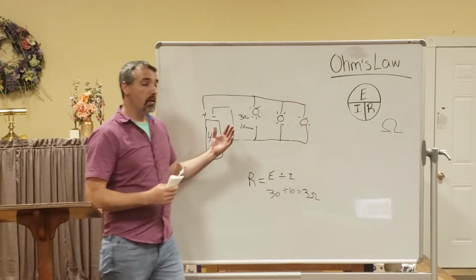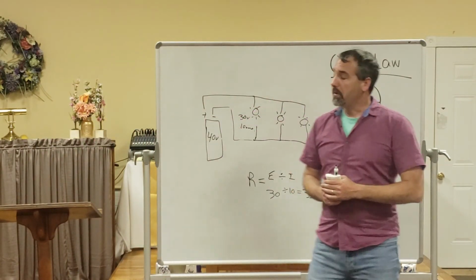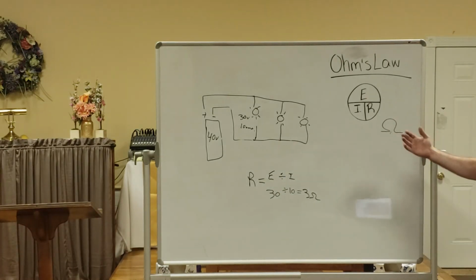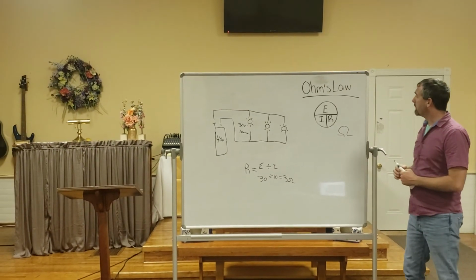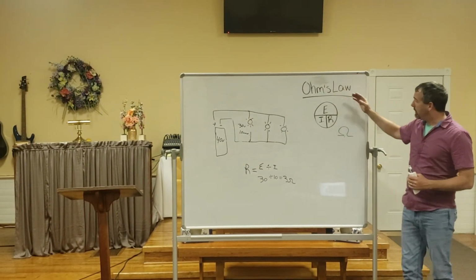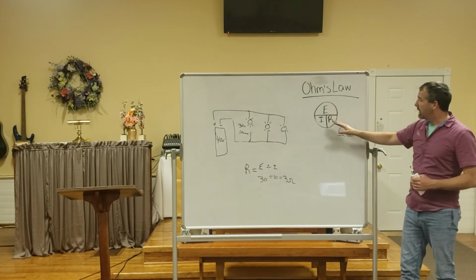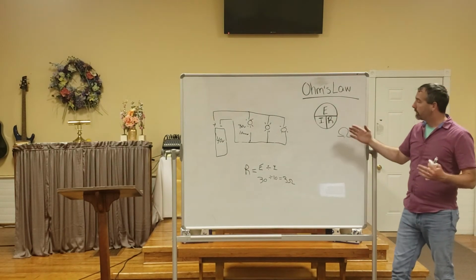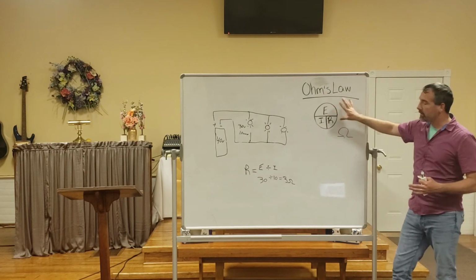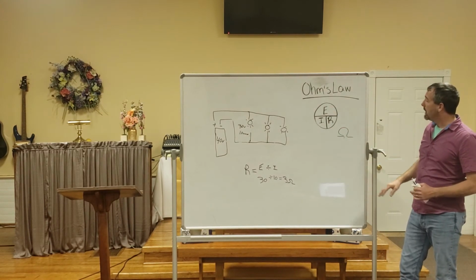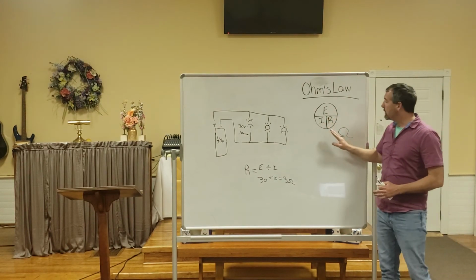And then we also learned some terminology, and we used a formula called Ohm's law to answer these equations. Ohm's law is E equals I times R. That counts our voltage. So anytime that we're trying to solve an equation here, whichever one we're trying to solve, we just cover it up.